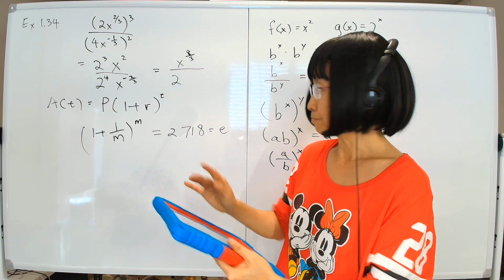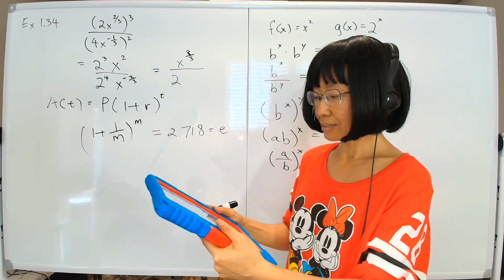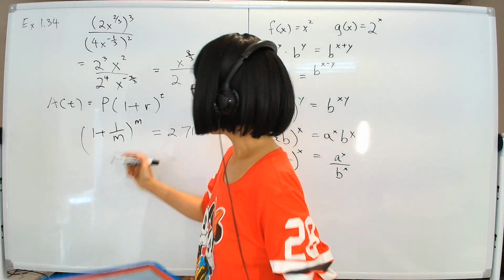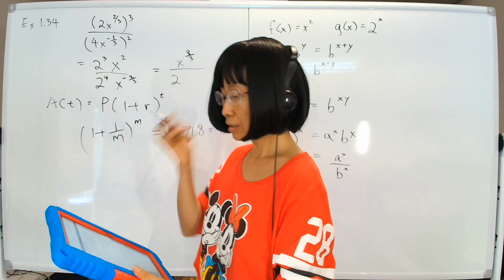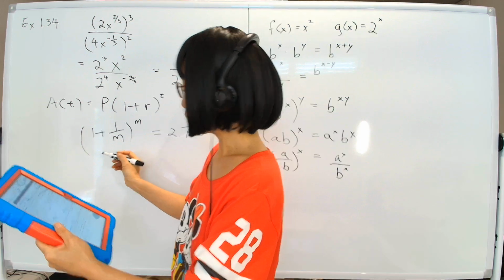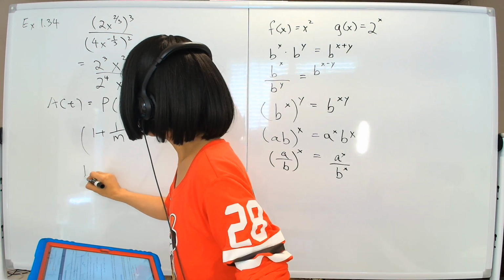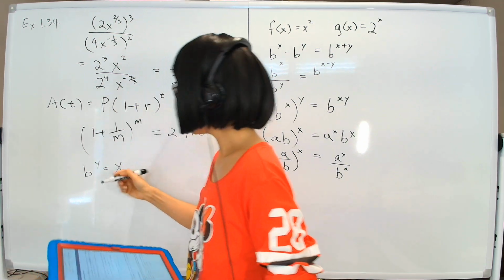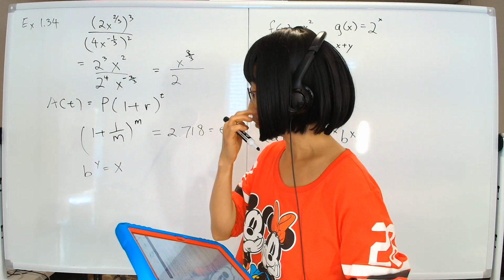What is logarithm? Logarithm is a way of talking about things. Say for example, if you have b to the y equal to x, which is fine. What about it?